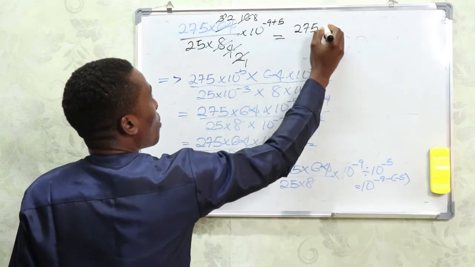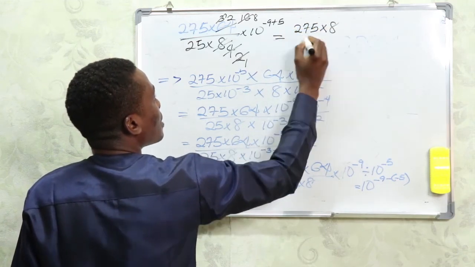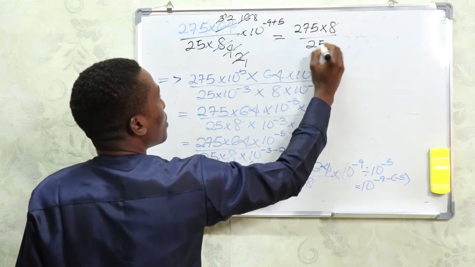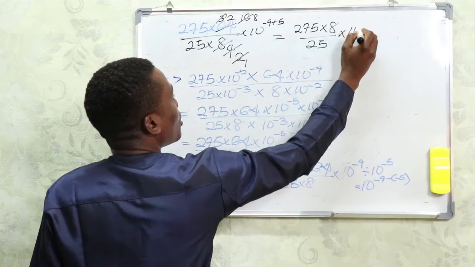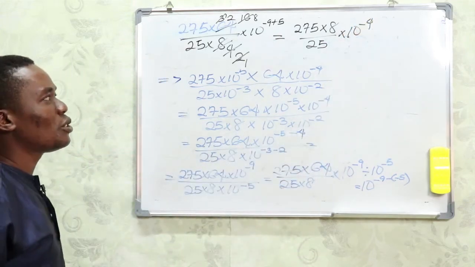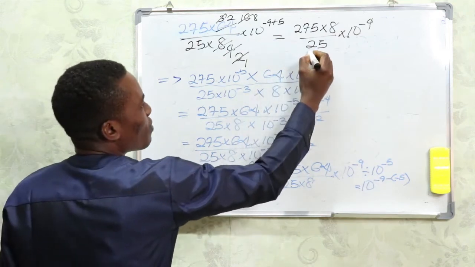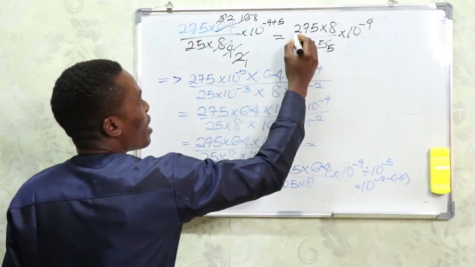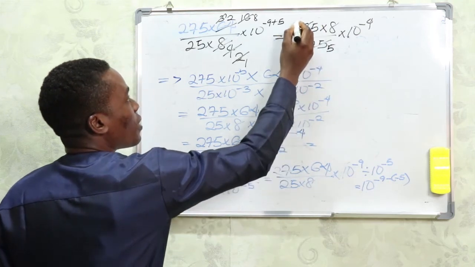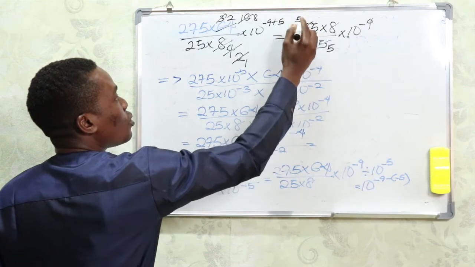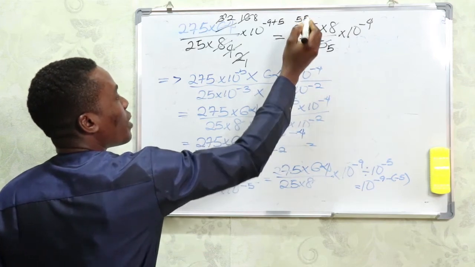So if we simplify this further, we are going to have 275 multiplied by 8 divided by 25 multiplied by 10 raised to power minus 4. We are reducing it gradually. Now 5 can go here to give you 5, right? And 5 can go here to give you 5. Remember, 5 in 25 will give you what? 5.